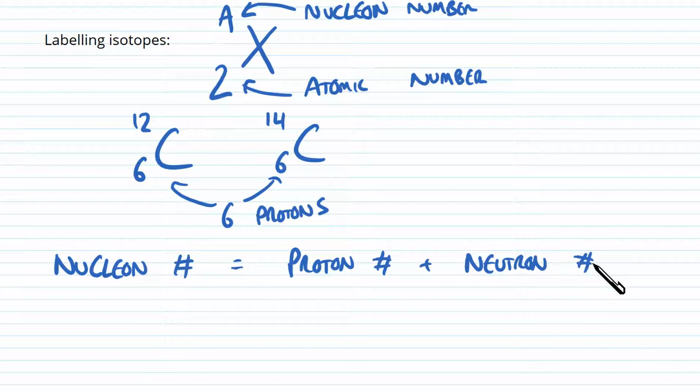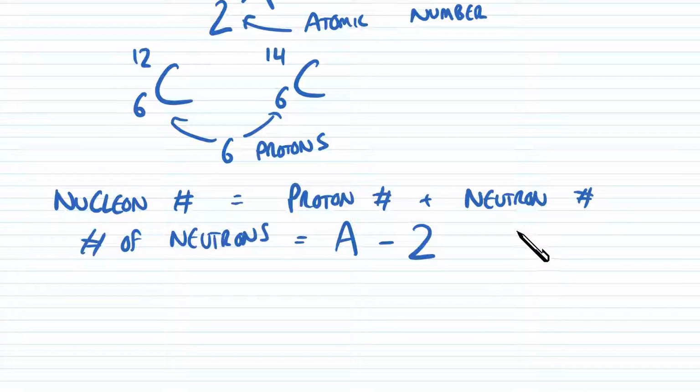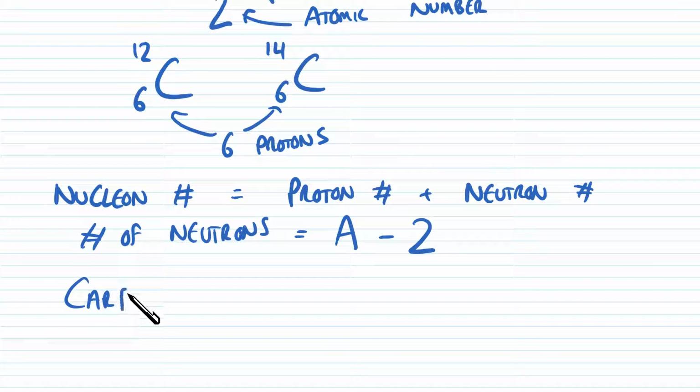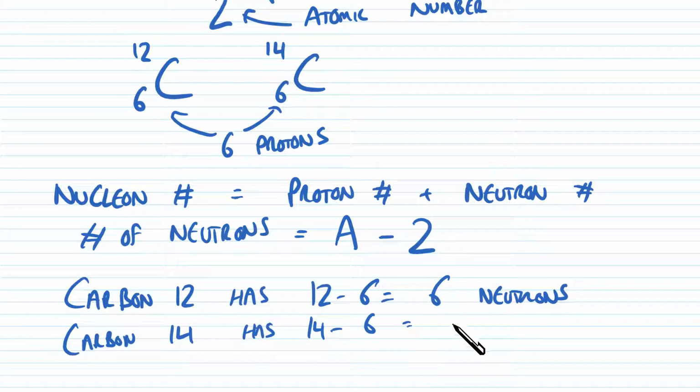So the number of neutrons, which is what we want to find, is just equal to the nucleon number, A, minus our proton number or atomic number, Z. So we can see that carbon-12 has 12 minus 6, which is 6 neutrons, and carbon-14 has 14 minus 6 equals 8 neutrons.